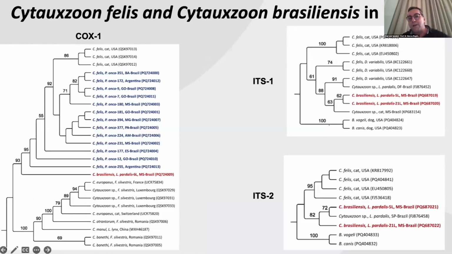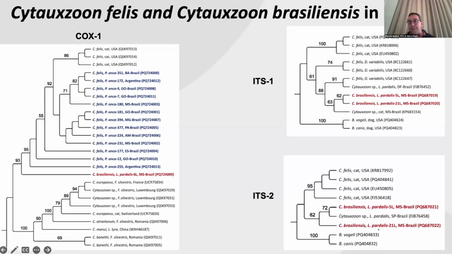When we ran a phylogenetic tree based on a more polymorphic intergenic region, ITS1 and ITS2, we found the same results, showing that Leopardus pardalis were parasitized by Cytauxzoon brasiliensis.